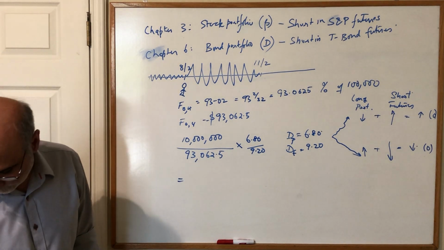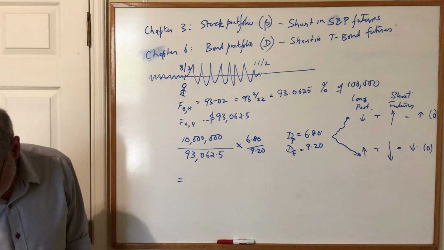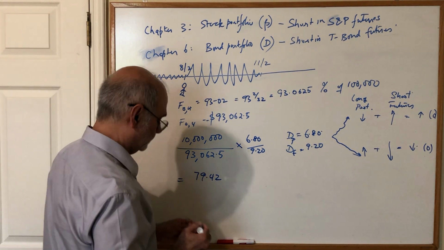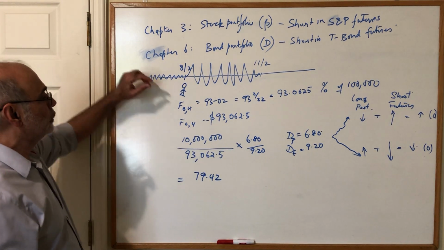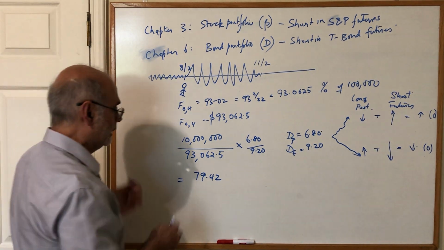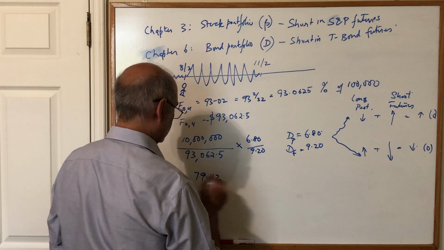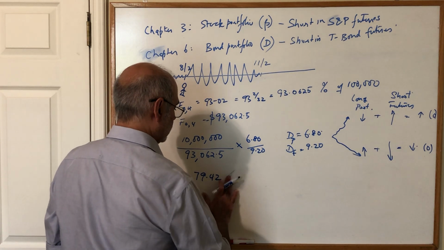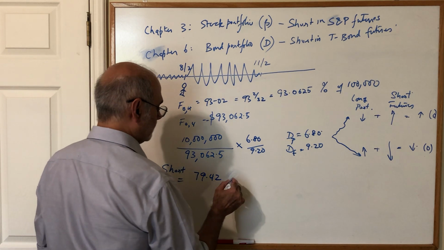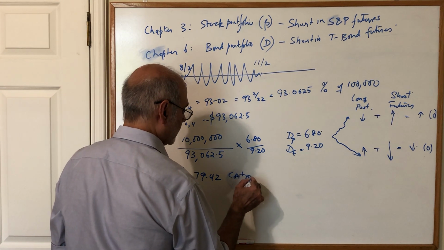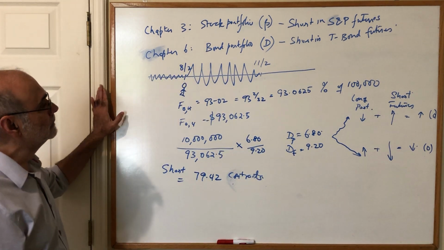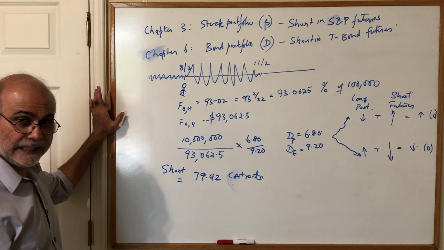When I evaluate the whole thing, I get 79.42. So in other words, to hedge my bond portfolio of 10 million, I have to short 79.42 contracts. Okay, how easy can that be?